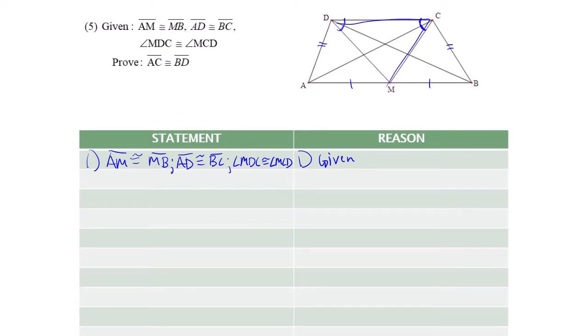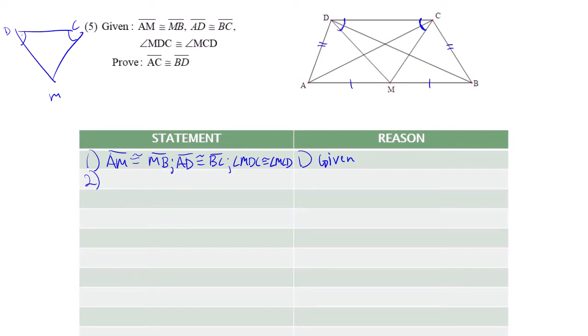So let me take this triangle MDC out of the picture just for a second. So let me bring it over here. I don't think we'll need it for a long time, but we know that these angles are congruent, right? So if two angles are congruent, we can use the converse of the isosceles triangle theorem.